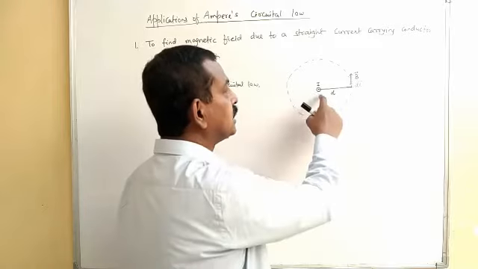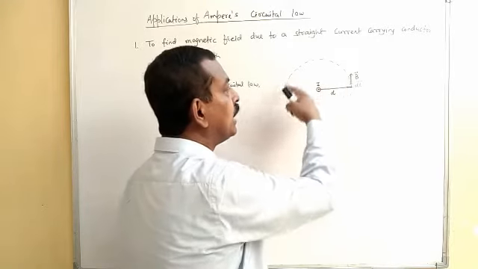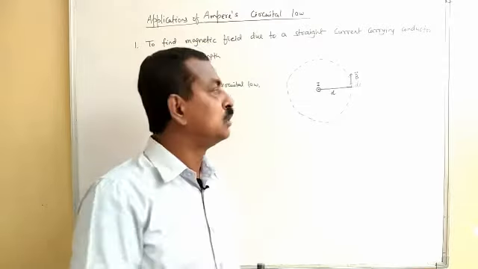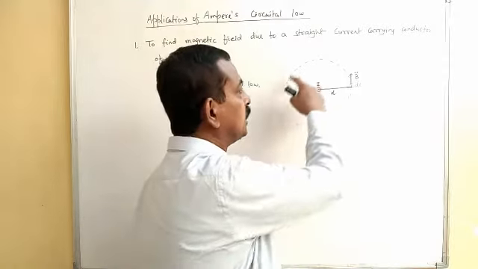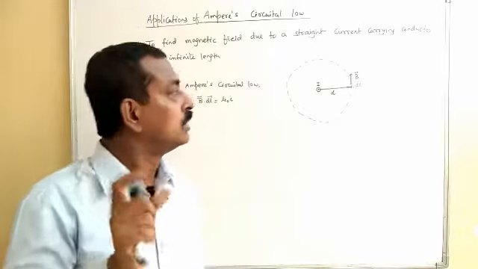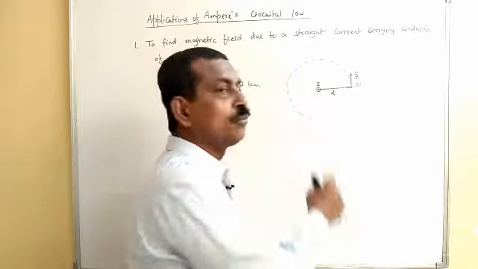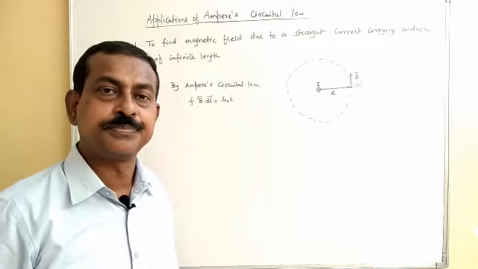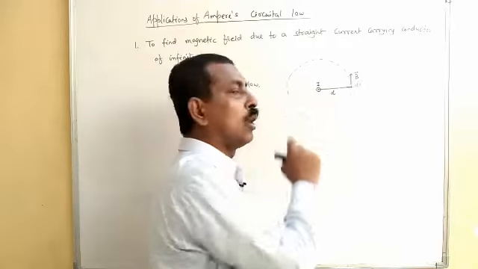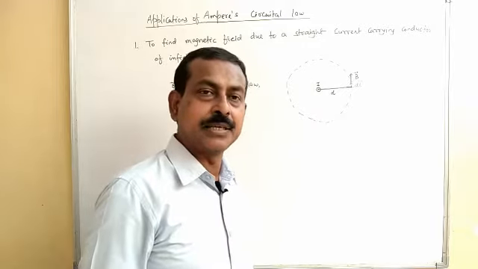So in this case, we'll take a circular Amperian loop of radius equal to the distance where we want to find the magnetic field, and its center is at the position of the wire, which is carrying current.